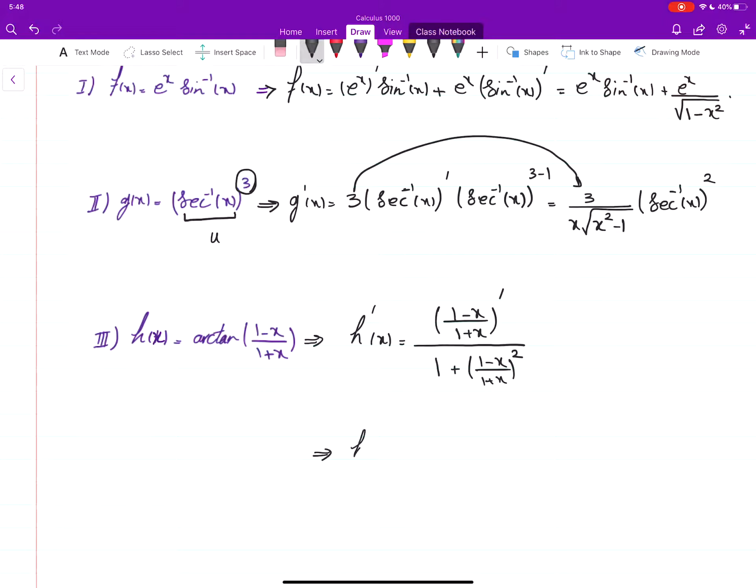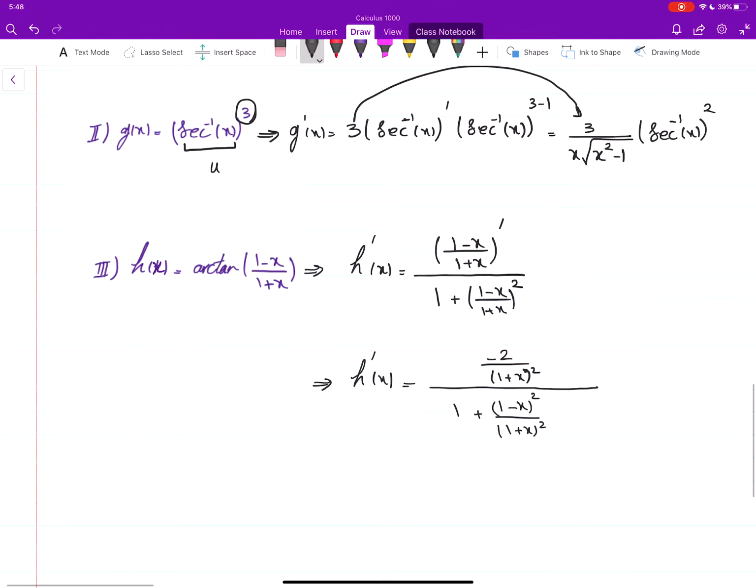What we have above there, you have to use the quotient rule. This will give us negative 2. You can do it easily, you just need to simplify a little bit. And down here we have 1 plus (1 minus x) squared over (1 plus x) squared. You find the common denominator and simplify.